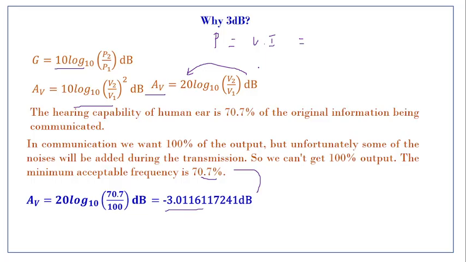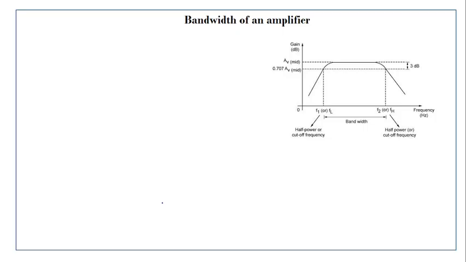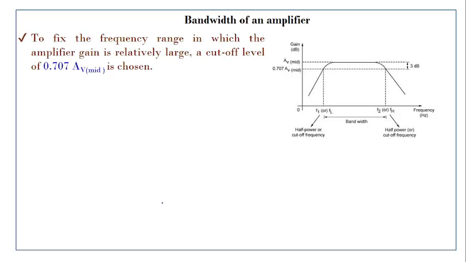That's why we prefer to express the corner frequencies with respect to 3 dB. So 3 dB down the line we will be drawing, that is from AV max coming down 3 dB. That down is only because of the negative sign over here. This is the frequency response of an amplifier.